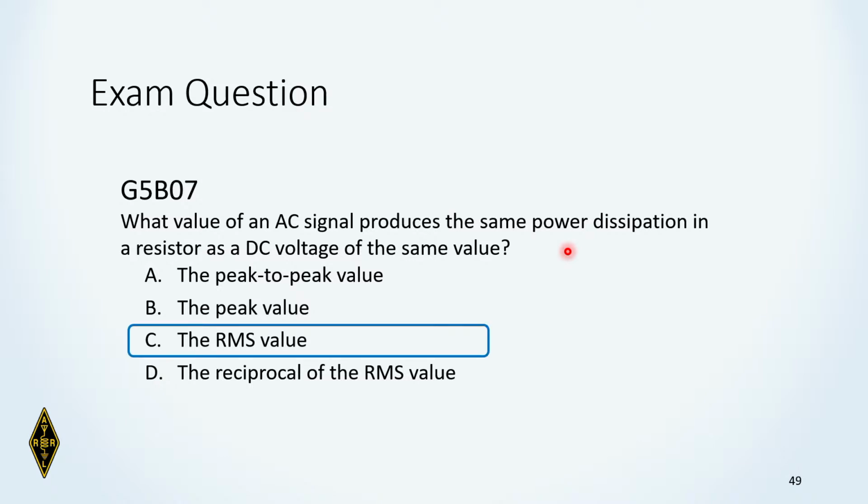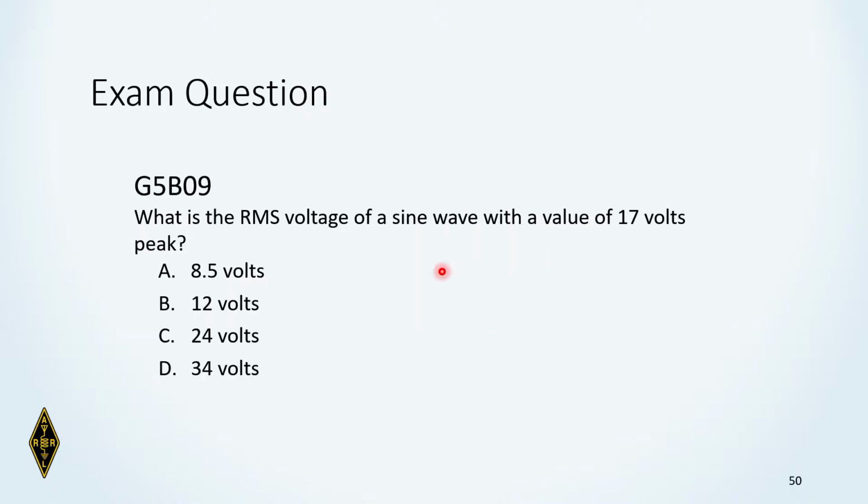We only went over that about 50 times, so I'm glad that's coming to the surface now. What is the RMS voltage of a sine wave with a value of 17 volts peak? Bravo. Yep, 17 times 0.707.